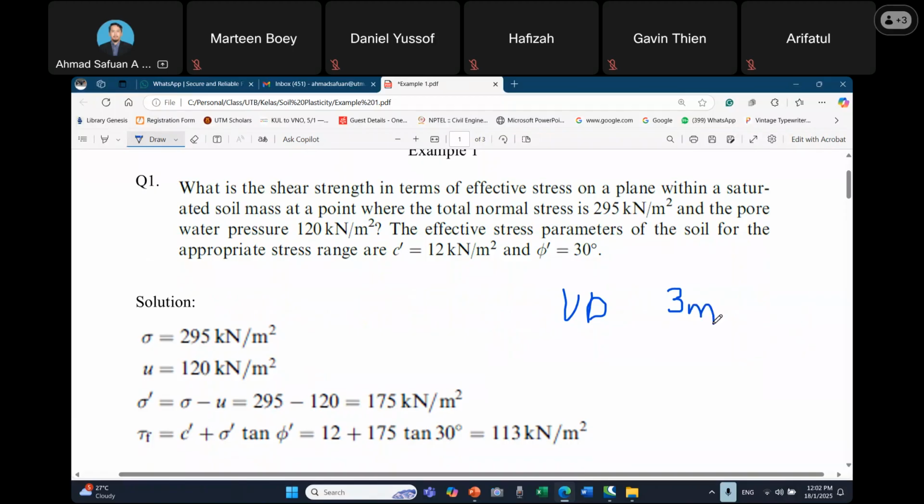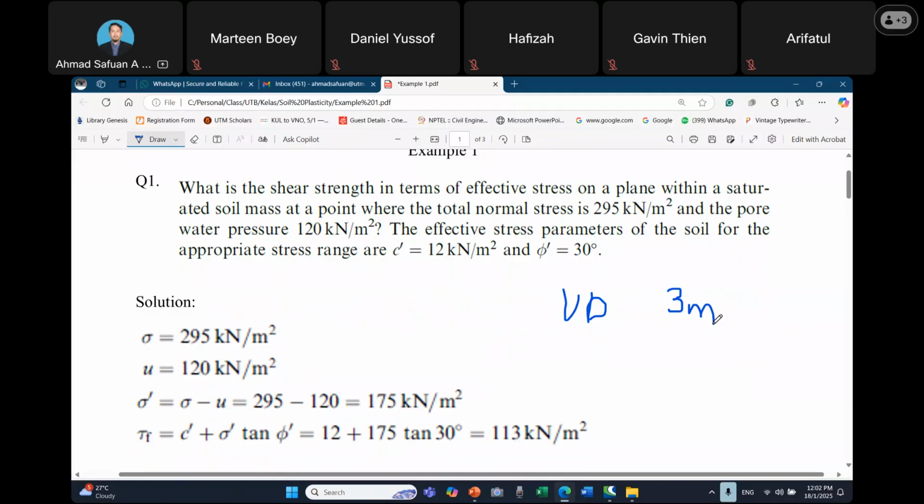Based on the boring procedure, the SPT is conducted every 1.5 meters deep. So at 3 meters they obtain the undisturbed sample, and then send it to the lab.